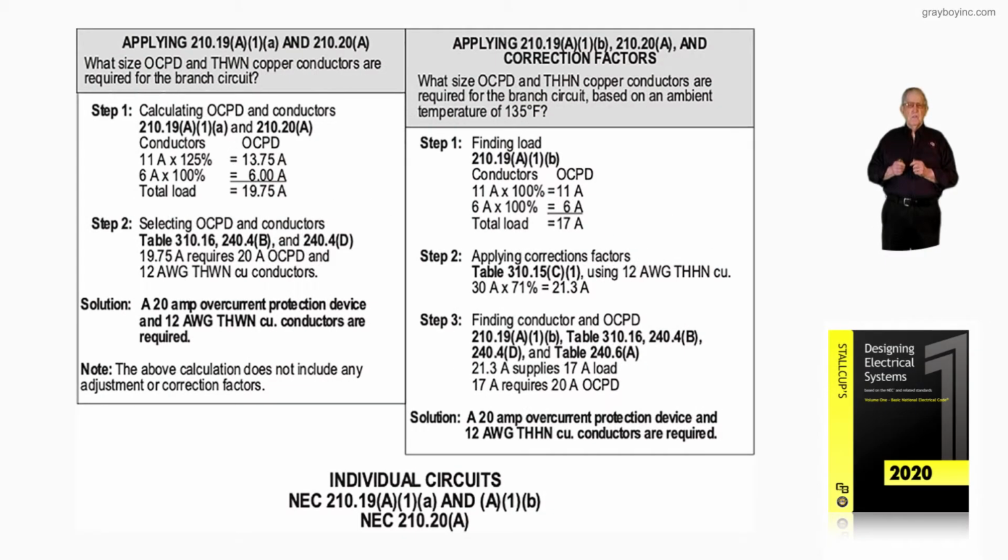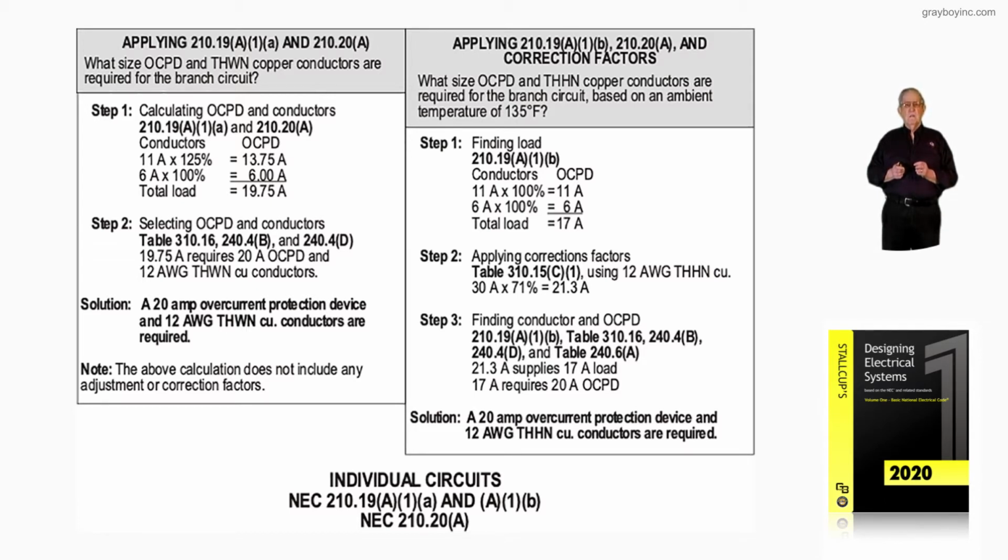Now this illustration deals with individual circuits, in this case branch circuits, in accordance with NEC 210.19(A)(1)(a), which is 'A' as in apple, and that's using the 125% rule for continuous duty plus non-continuous duty.